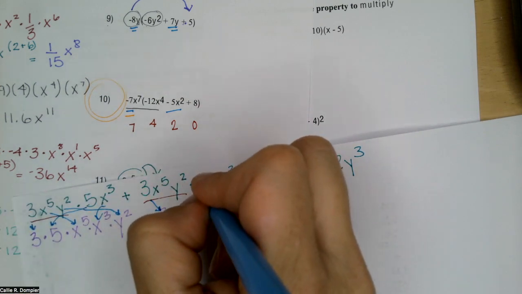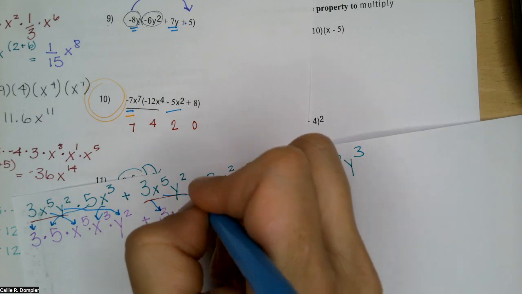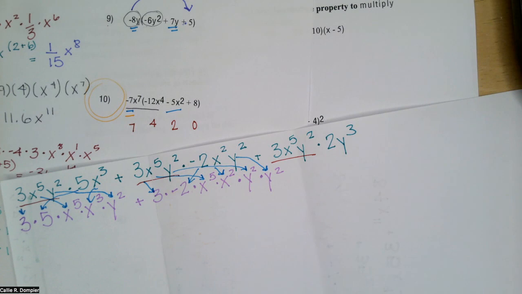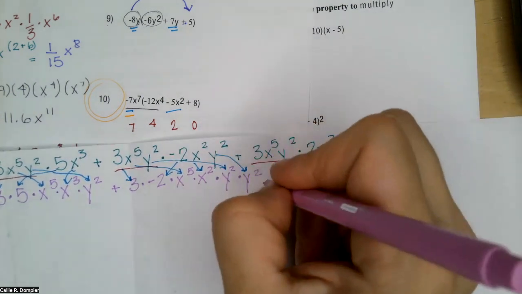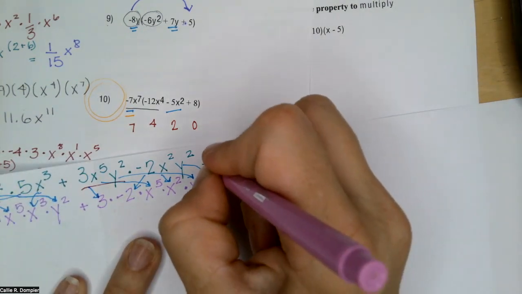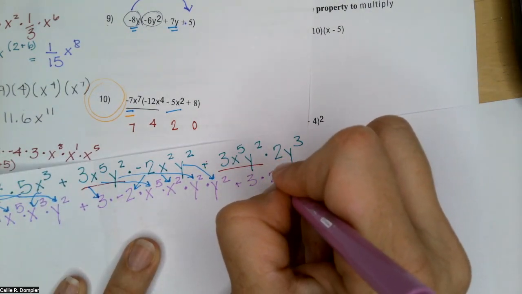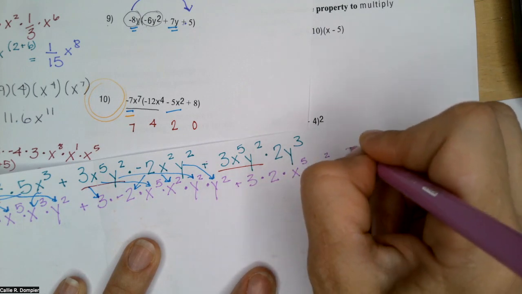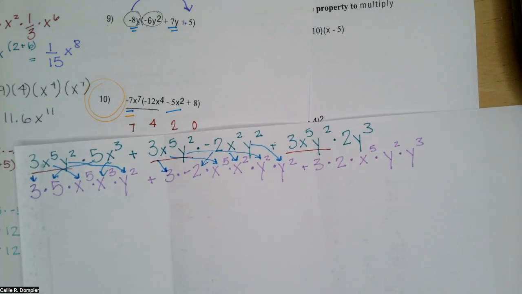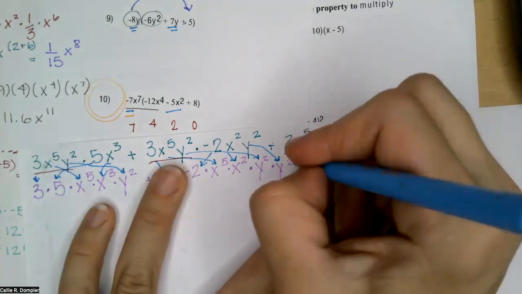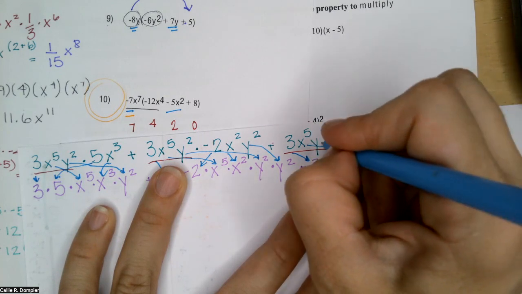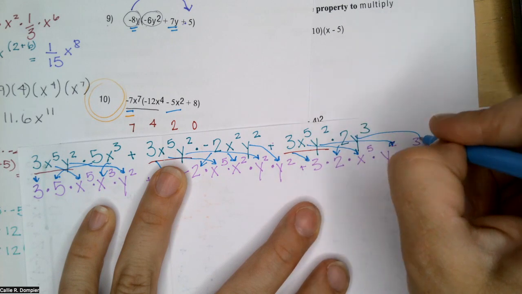Just putting them in order so it's easier to combine. Plus 3 times a positive 2 times x to the 5th times y squared times y to the 3rd. 3, 2, x to the 5th, y squared, y to the 3rd.